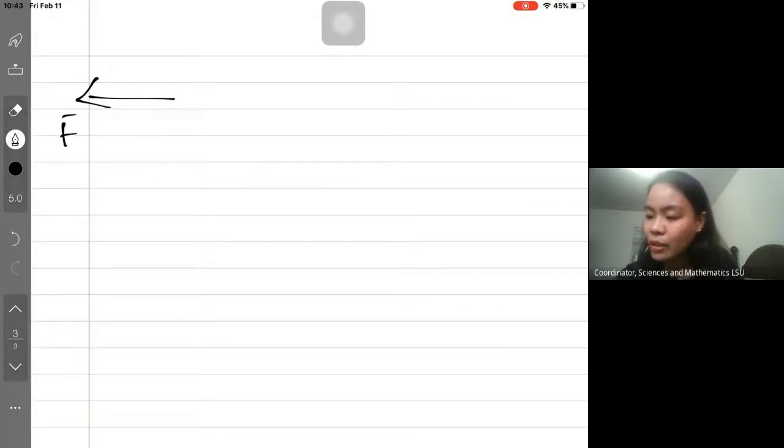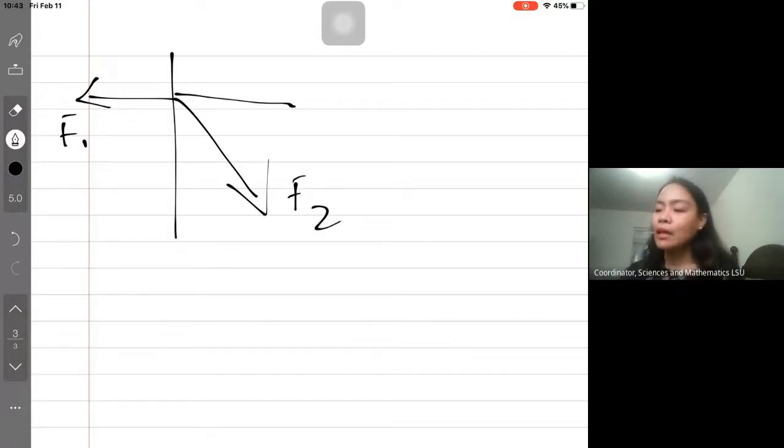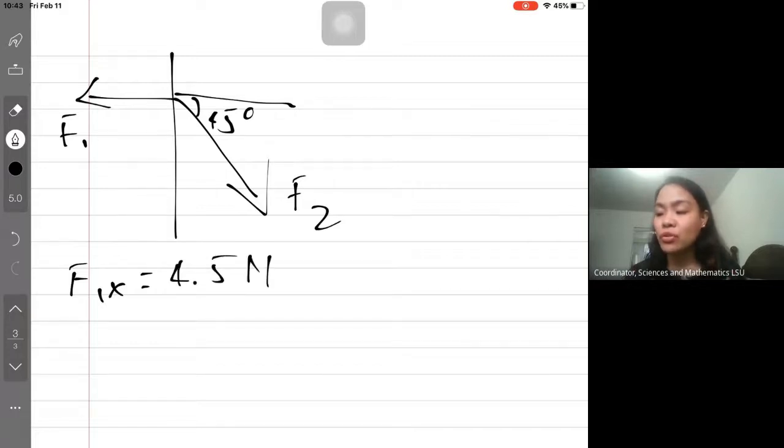F1 is going here, and F2 is going here at 45 degrees. So let us get the components of the forces. F1x is directly 4.5 newtons, and F1y is 0 because F1 is directly along the x-axis.